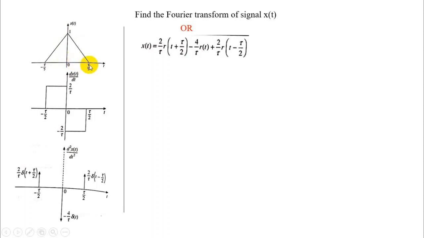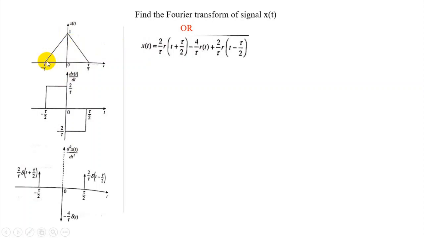In similar fashion this is the ramp having the magnitude 2/τ at this portion, and if we add a ramp having negative slope at the origin, then this portion would be achieved. So this portion contains a ramp having positive slope and a ramp having negative slope at the origin.